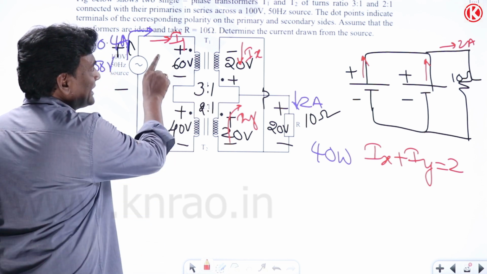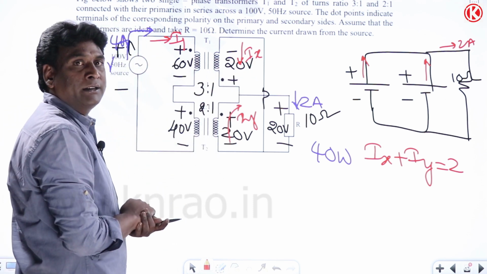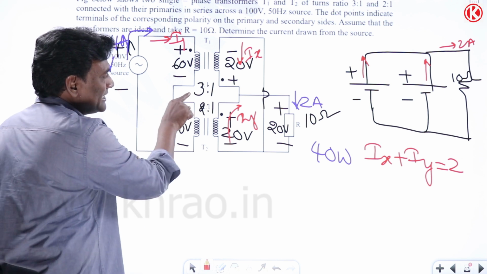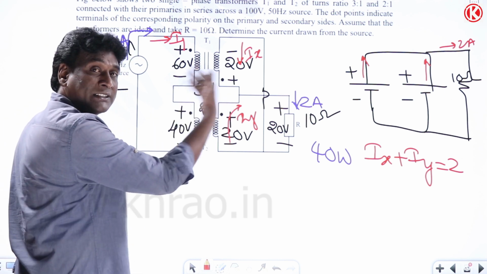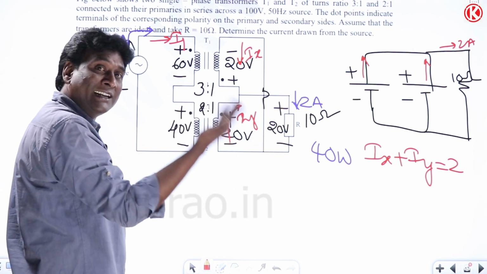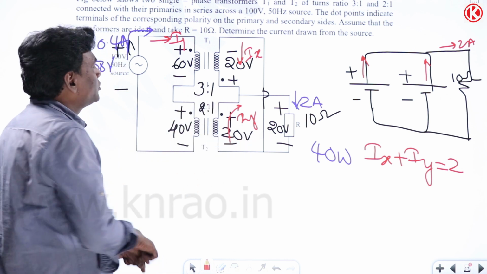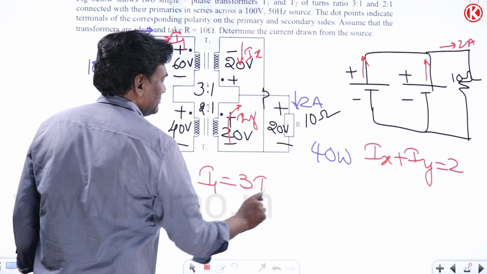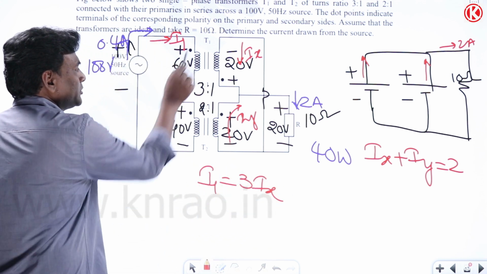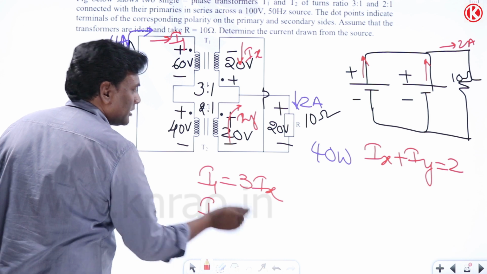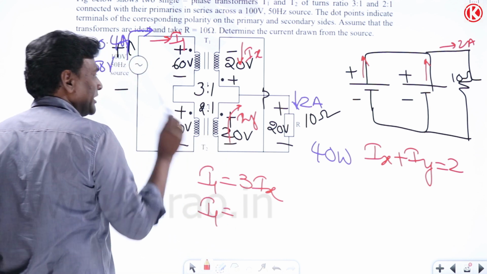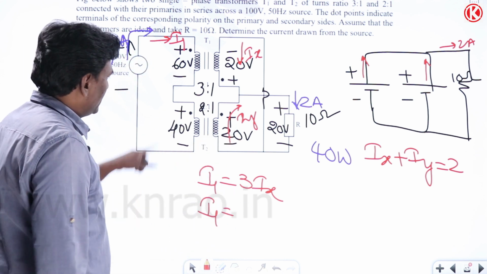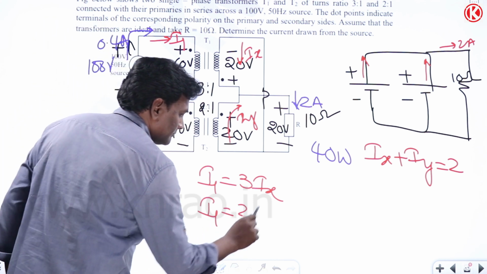So if it is I1, Ix should be 3I1, because this is HV, this is LV. So HV side to LV side, voltages will reduce, currents will increase by the same ratio. So I1 equal to 3Ix, and again here also same current will flow. So same I1 with respect to this, if this is Iy, so this should be I1 equal to 2Iy.